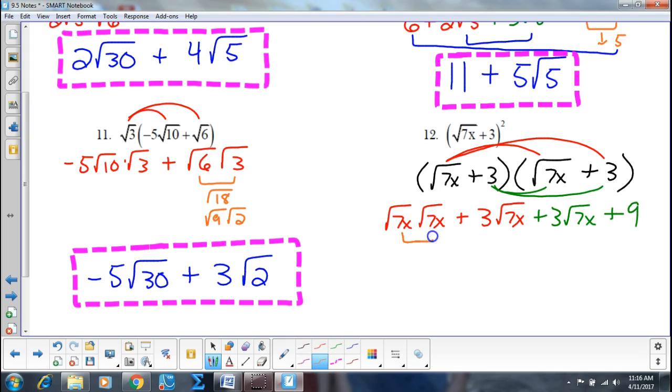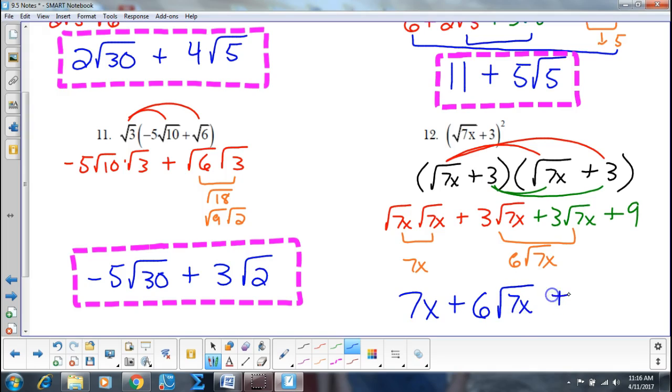These two combine to just be 7x. And then these two combine to be 6 times the square root of 7x. So we get here 7x plus 6 times the square root of 7x plus 9.